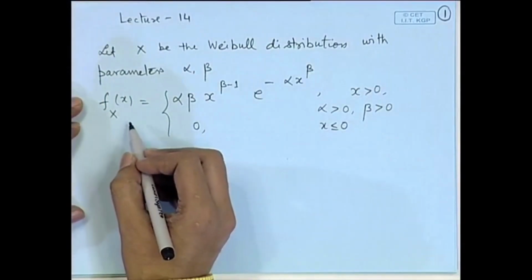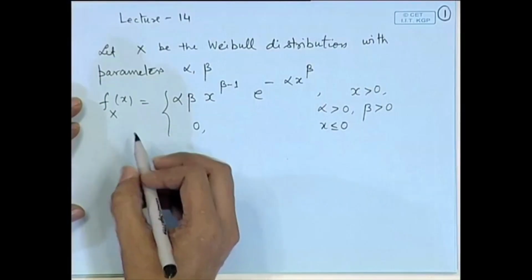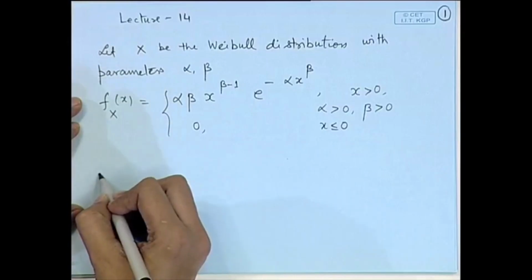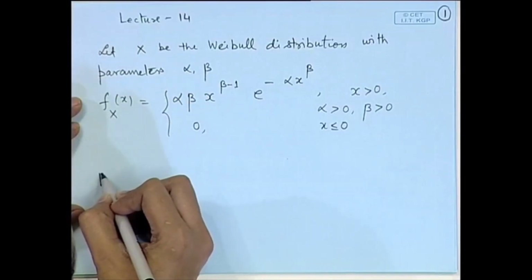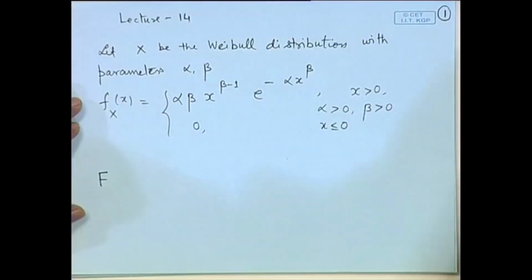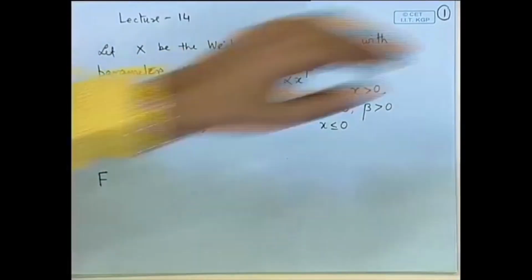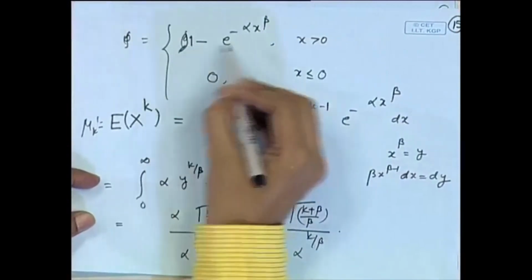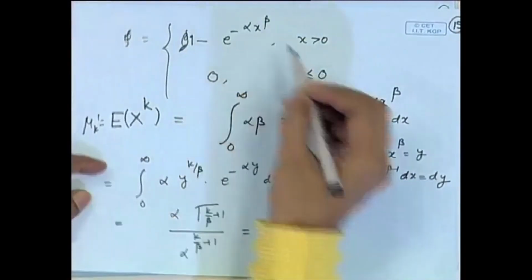Now, for this we calculated the reliability function. We firstly calculated the cumulative distribution function, which was equal to one minus e to the power minus alpha x to the power beta.